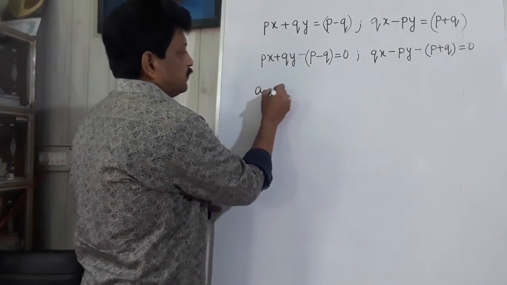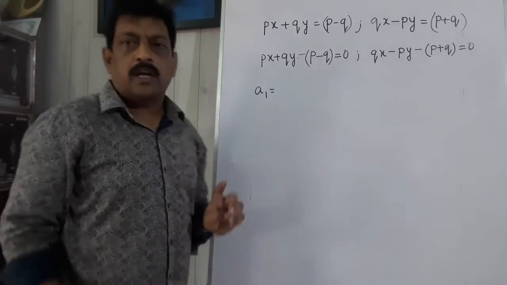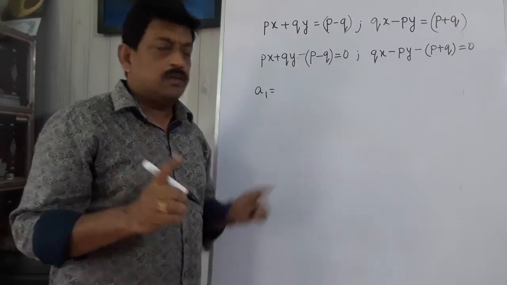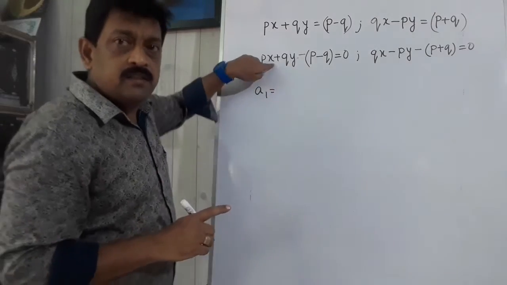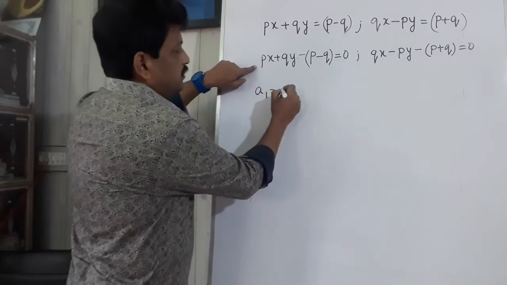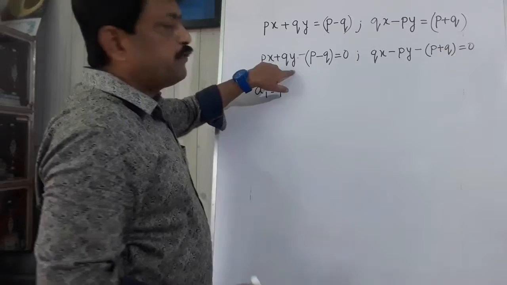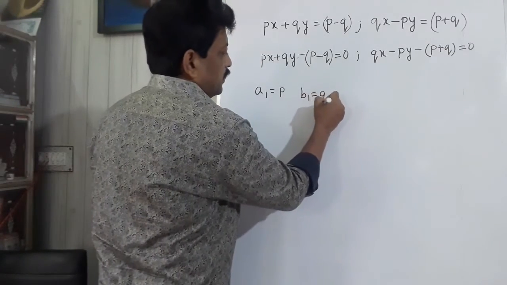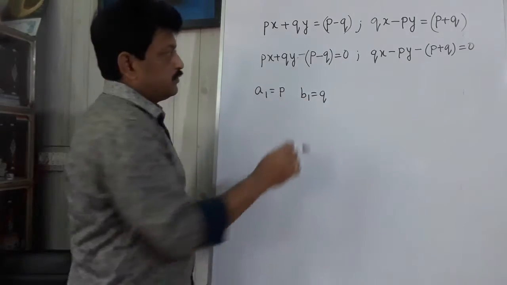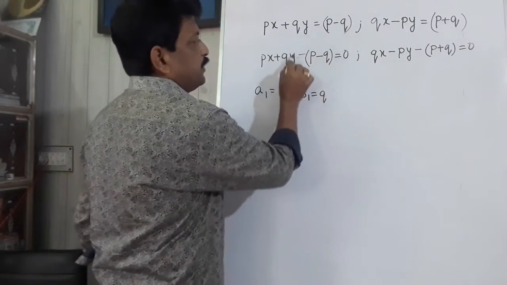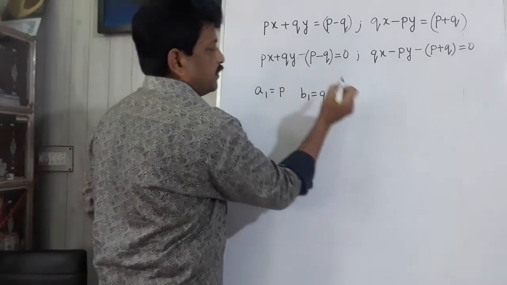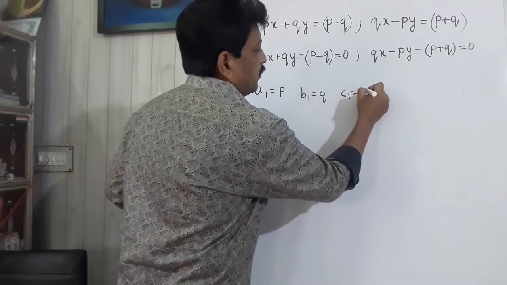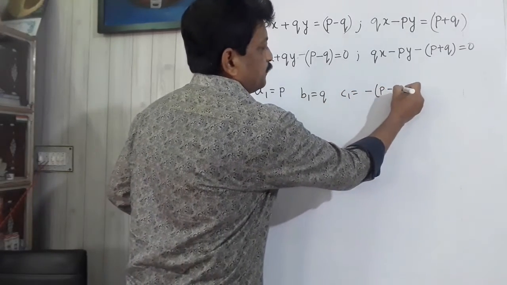In the first equation the coefficient of x is a1, so a1 is p. The coefficient of y is b1, which is q, and the constant term is c1, so c1 is minus of p minus q. We have to take this minus sign also.